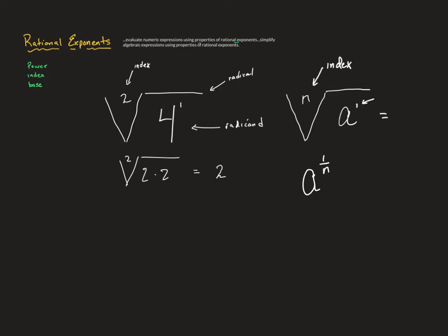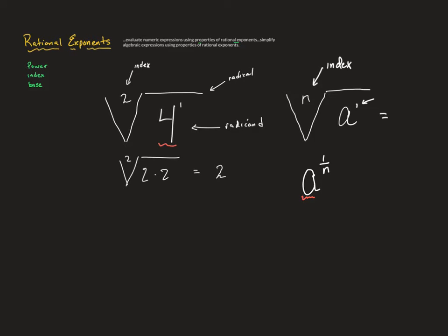Well, I guess we forgot to talk about base too, right? The base, that is my base value. Take that back. That is my radicand. This is going to be my base when I talk about an exponent and a power.